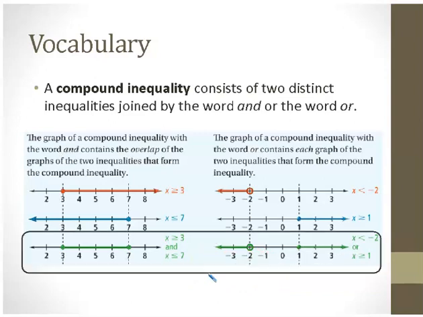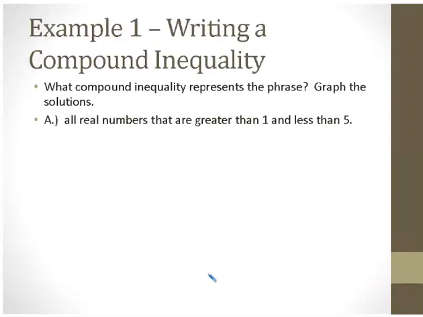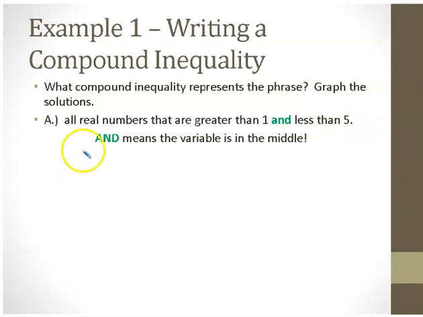Okay? So let's start with an example here. We want to know what compound inequality represents a phrase, and then we'll graph the solutions. Well, here we say all real numbers that are greater than 1 and less than 5. So my solution has to meet both of those criteria. When I go to graph something like that, you notice how the word and is in the middle.